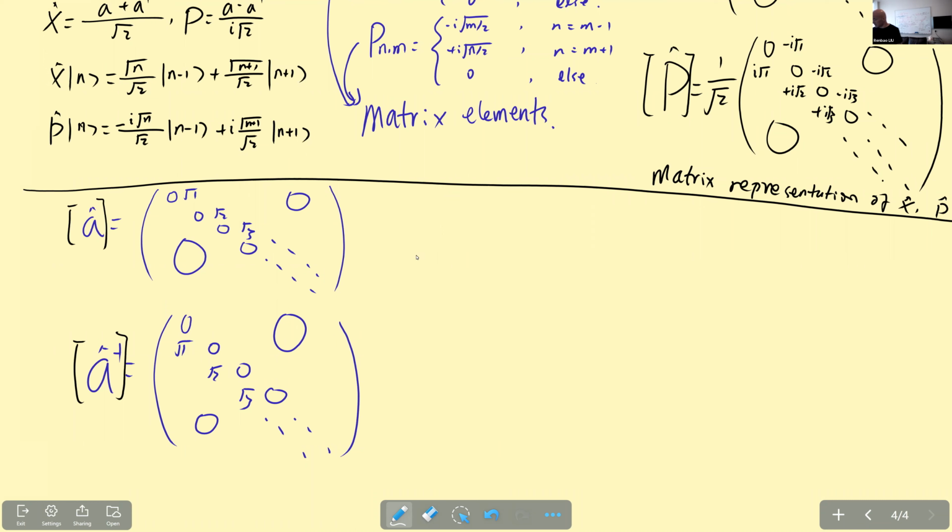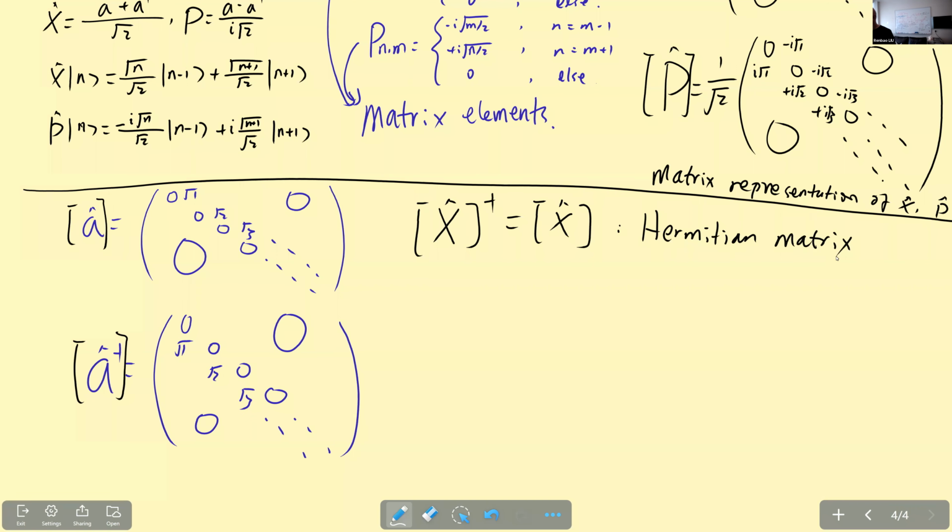And this matrix, you can find that this matrix is so-called Hermitian. This is called a Hermitian matrix. Similarly, you can also have this one, the A dagger equals to this one.